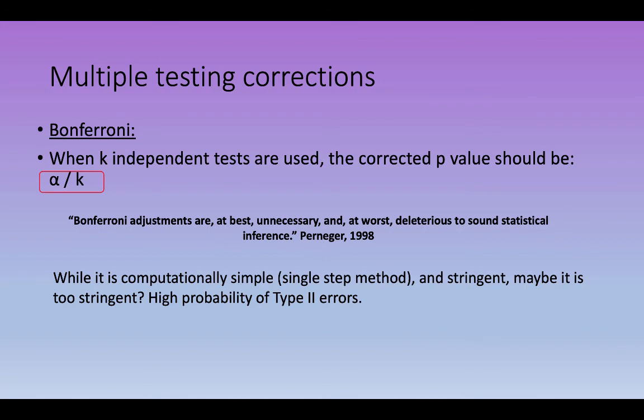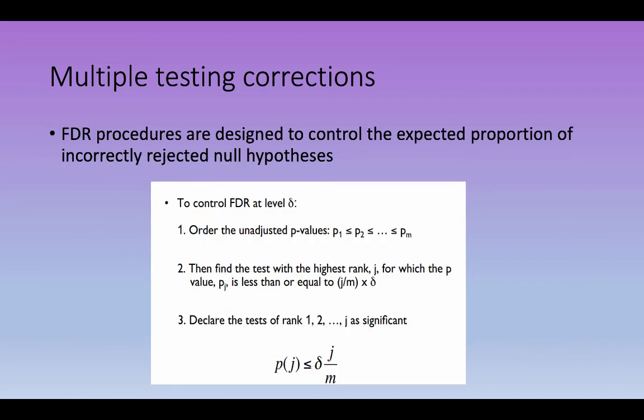There's a high probability that you're going to have a lot of false negatives in this case. A different approach is an FDR, or a false discovery rate approach, and this is designed to control for the expectation that a proportion of results will be identified incorrectly.